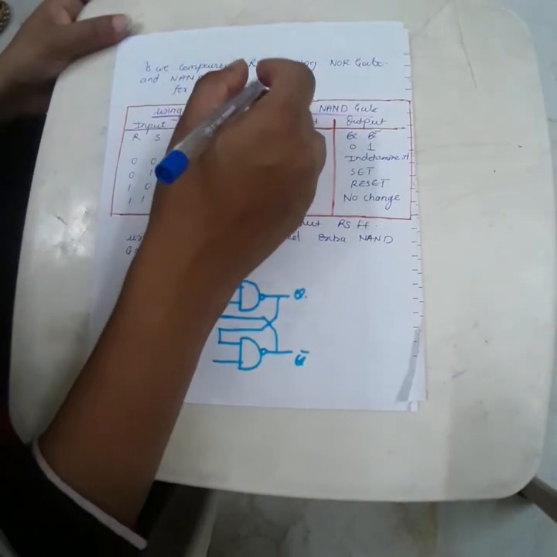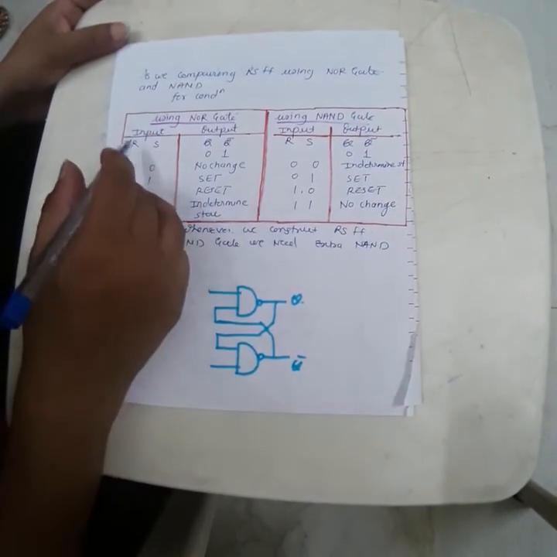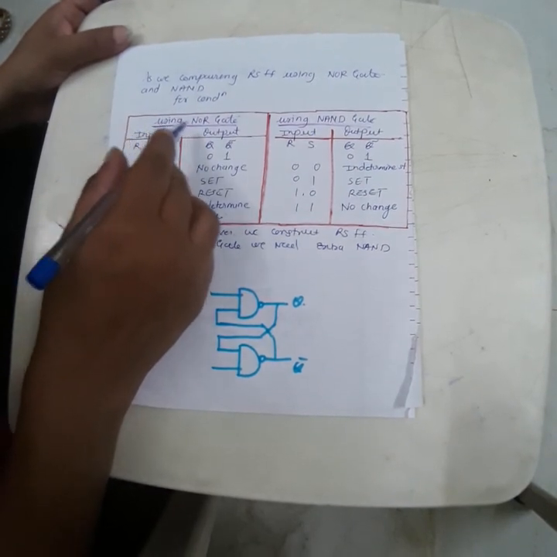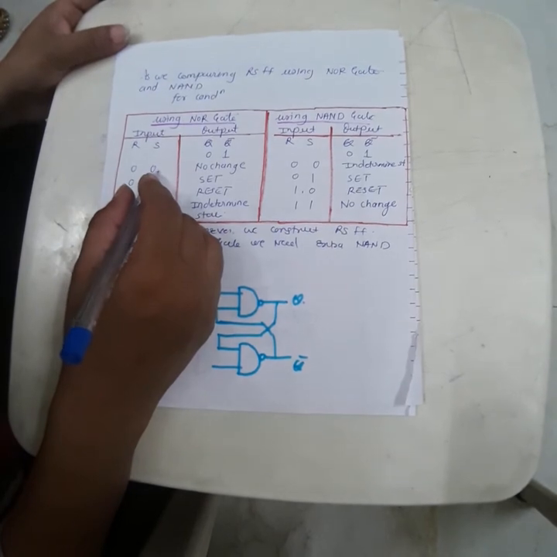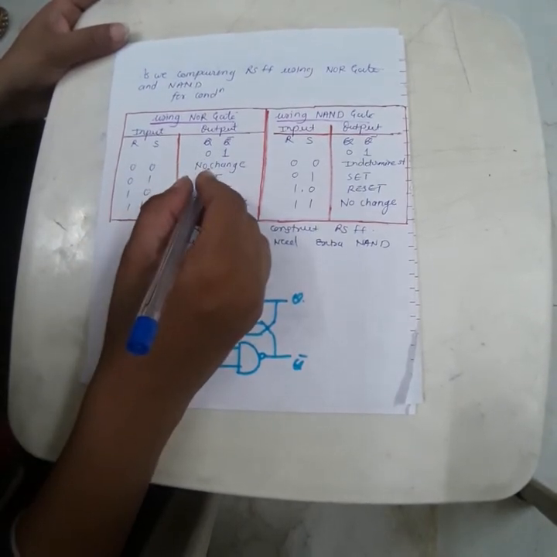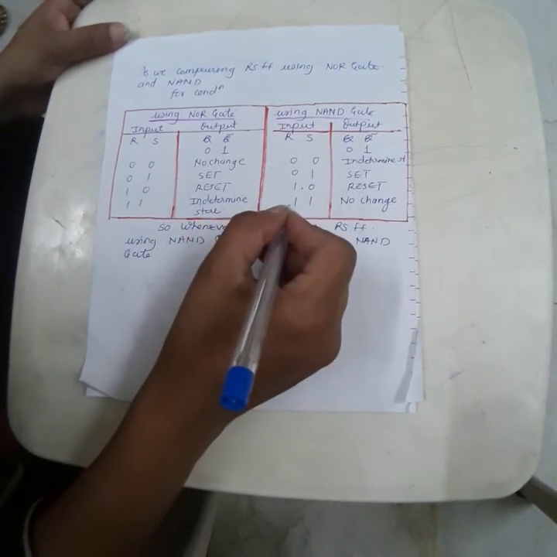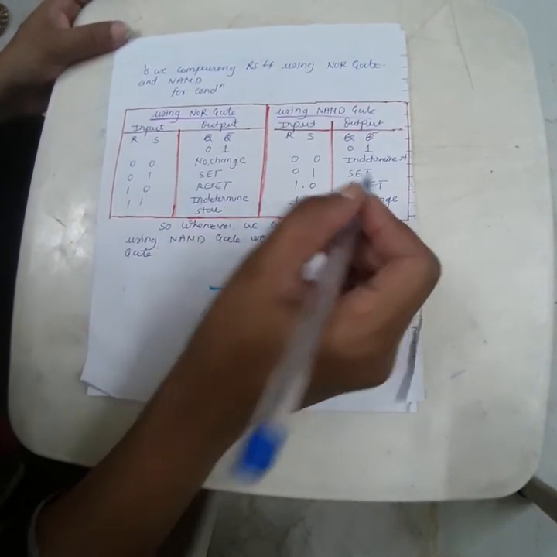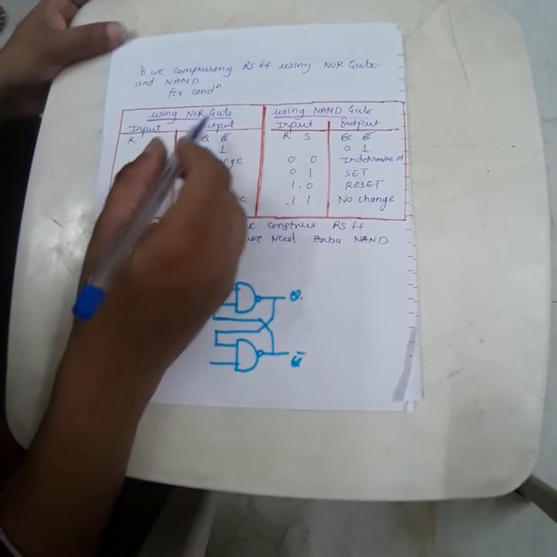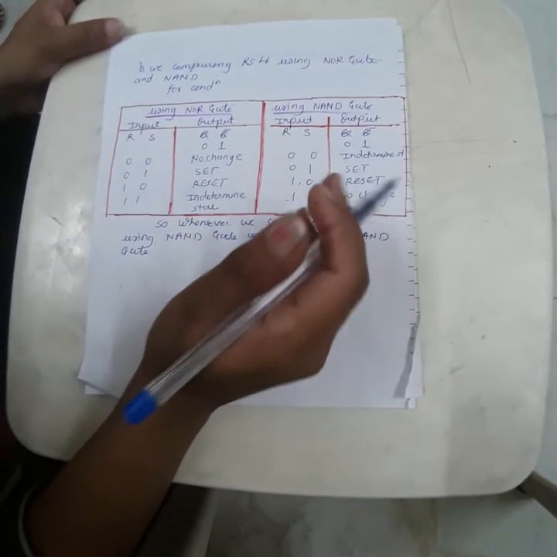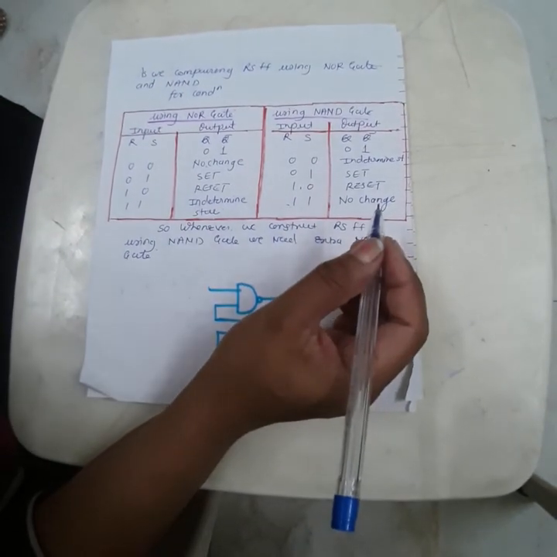As we compare the RS flip-flop using NOR gate and NAND gate, using the NOR gate we see that when R and S inputs are 0 0, you get the no change condition, whereas in the NAND gate when R and S inputs are 1 1, you get the no change condition. That means the RS flip-flop using NOR gate and using NAND gate have opposite responses.